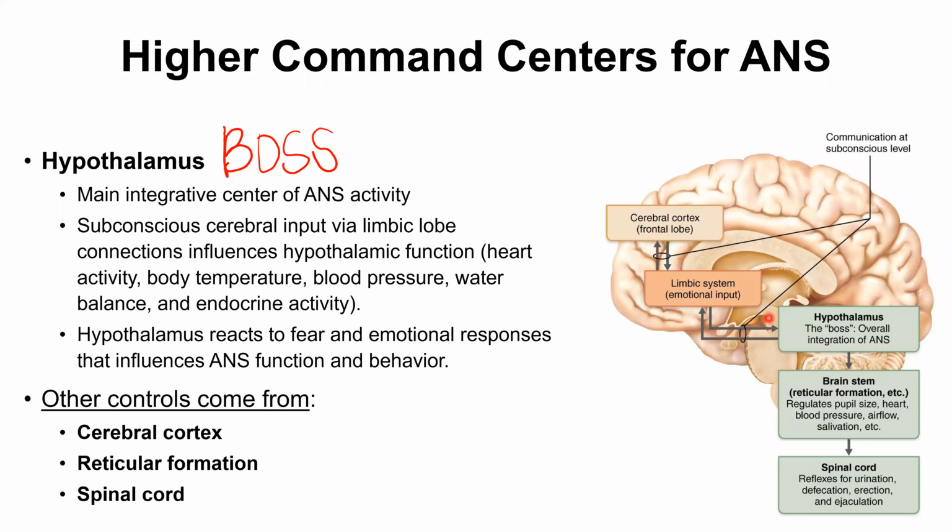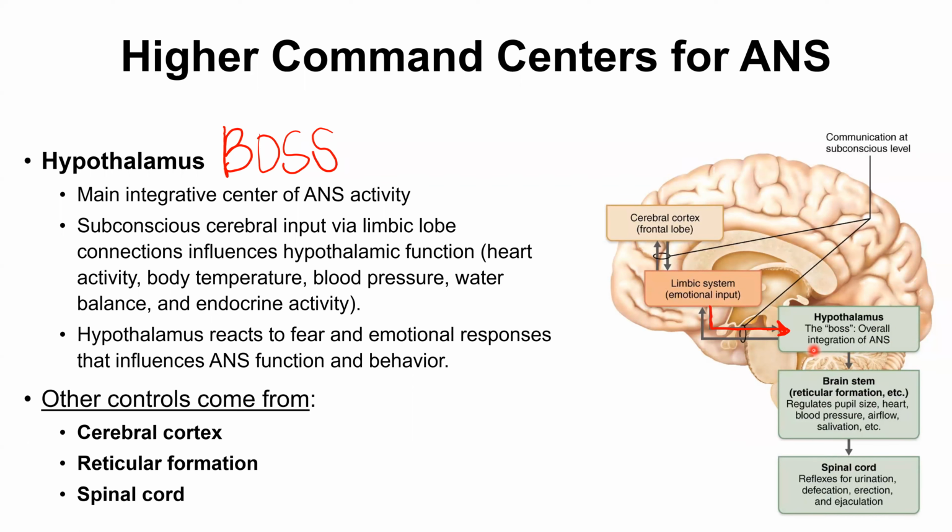That's why there is an arrow going from the limbic system to the hypothalamus, because the limbic system is going to send some subconscious input to the hypothalamus to influence functions like heart activity, body temperature, blood pressure, balance of water, and also some endocrine activity.